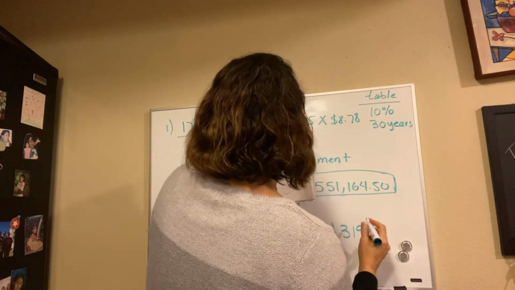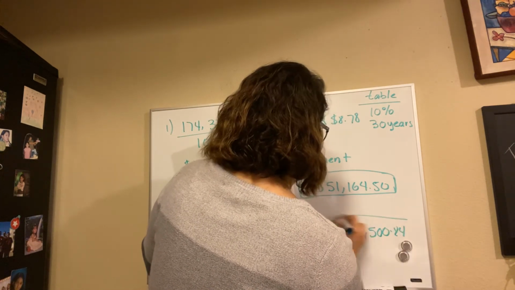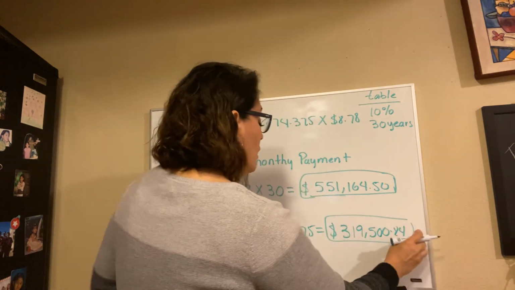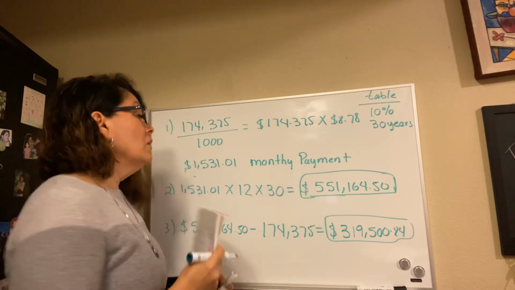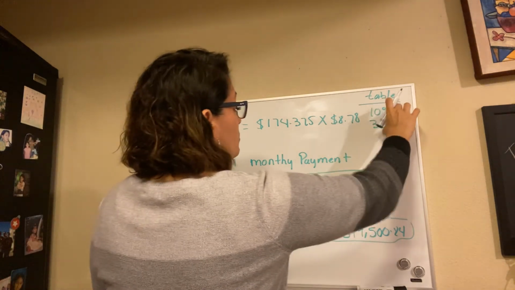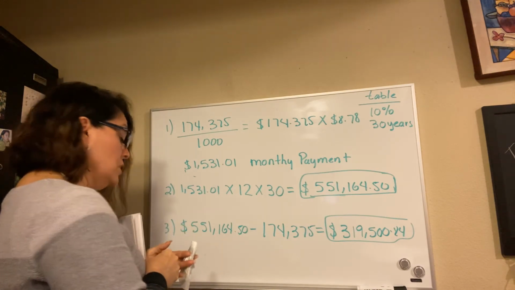This is the amount that they actually end up paying of interest. It is a lot, okay? This one is at 10% of interest for 30 years.